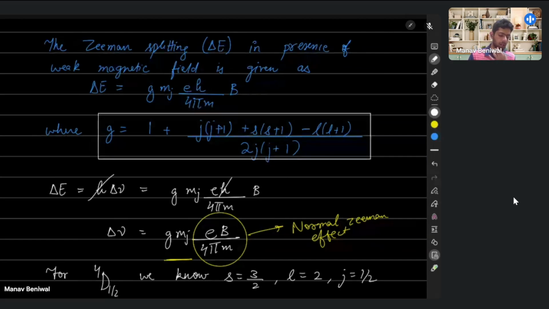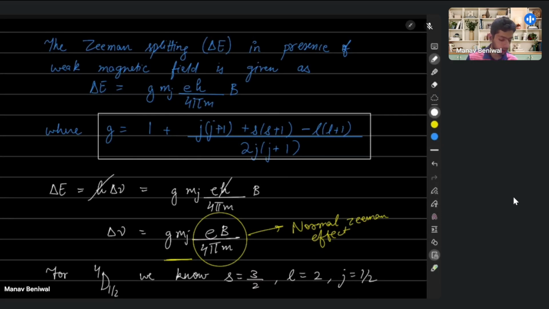Now once we have extracted the values of J, S and L, all we need to do is put in the values of S, L and J in the equation for G and find out the value of G.